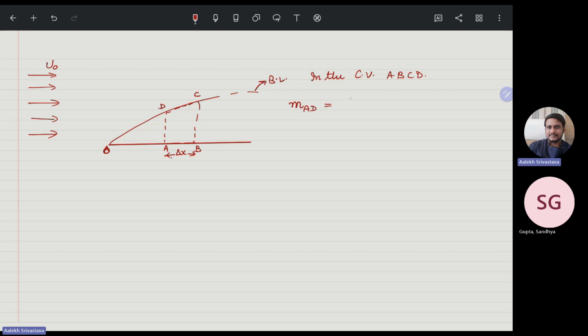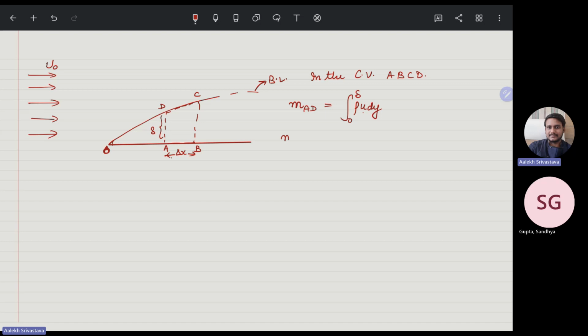It is integral of rho u dy from 0 to delta. Perpendicular to the flow you have a unit length, and rho u dy is the mass integrated along the length.